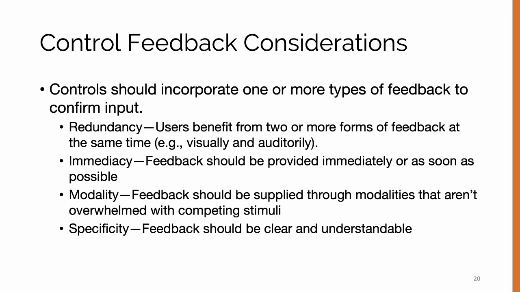That would be the auditory part. Typically, that feedback should be immediate. It should be provided through multiple modalities. That's similar to redundancy, actually, so that we're not only hearing feedback while we're in a noisy environment. We need to feel the feedback too. Otherwise, we won't be able to hear it very well. And it should be clear and understandable.